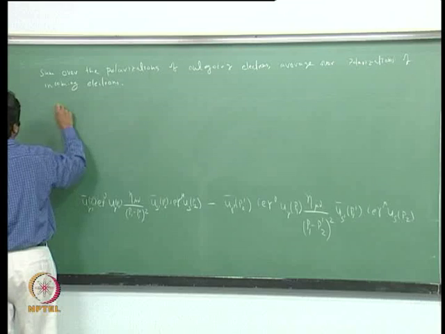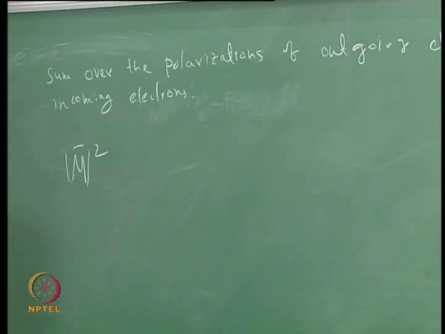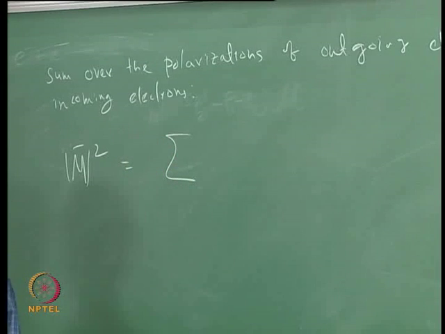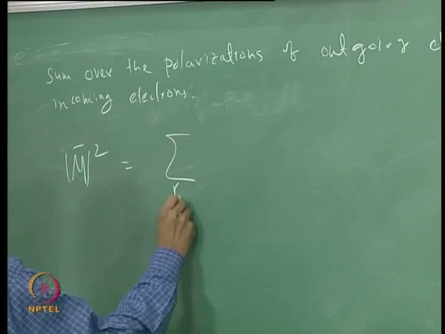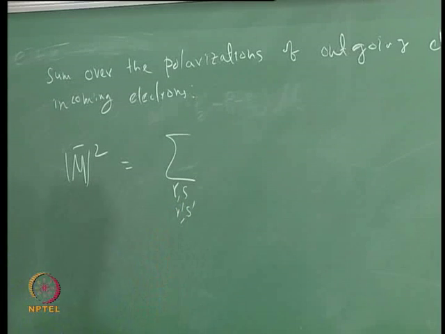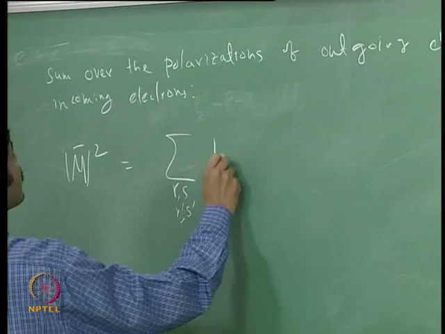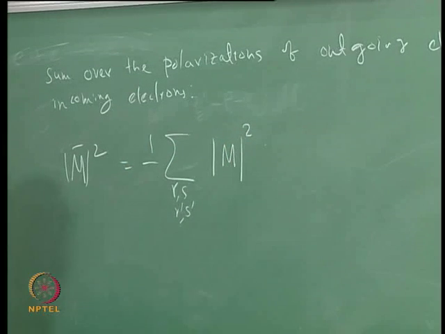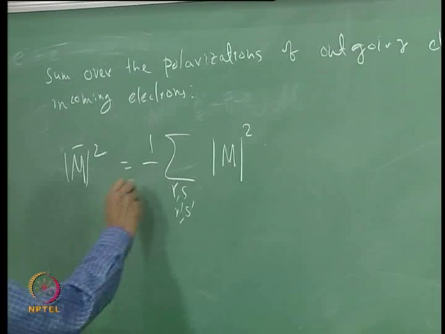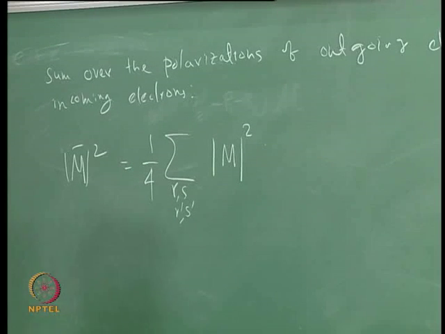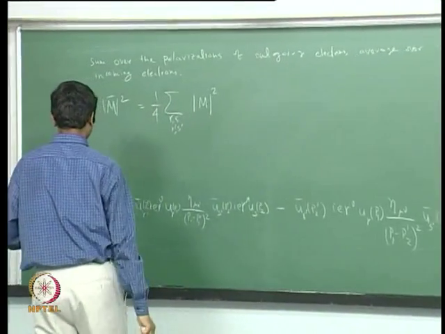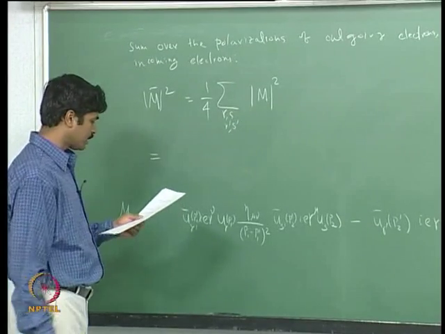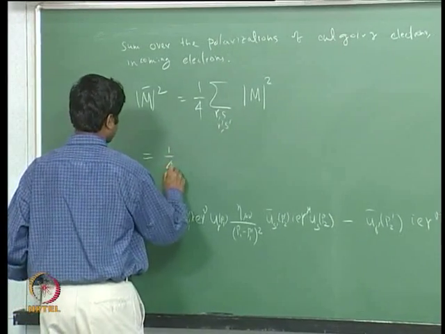So I have what I will call the m square average, which is simply a sum over r, s, r prime, s prime of mod m square, and what is the factor I will put? 1/4, because there are 2 incoming electrons. This is what I need to do. So let's do it. So this is 1/4.